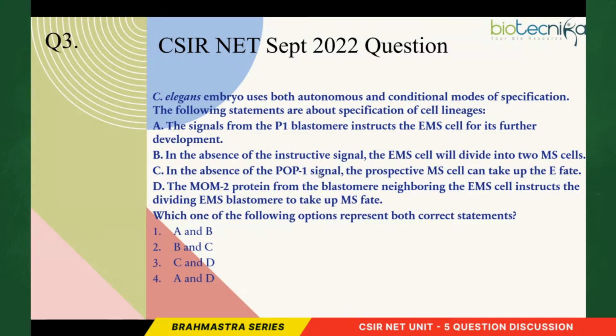Now I want the correct answer from all of you. This is from CSIR September 2022 regarding C. elegans axis specification. It's regarding the signals and specifications, actually, which cells give to each other.